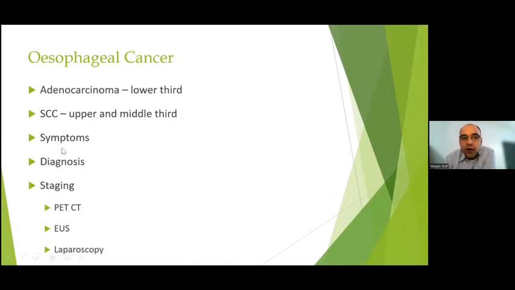The gold standard investigation for this would be a gastroscopy. In a lot of questions, they would ask what is the most appropriate investigation in this scenario, and the obvious answer would be a gastroscopy, and not a barium meal, for example.